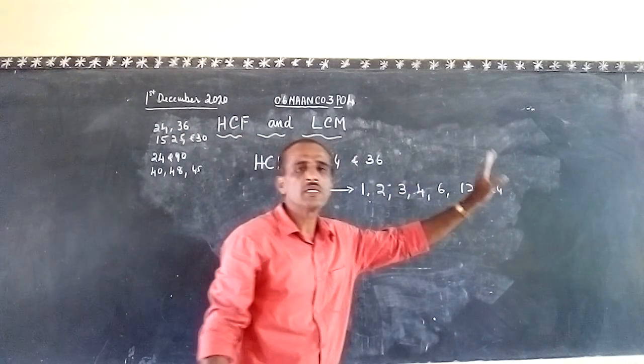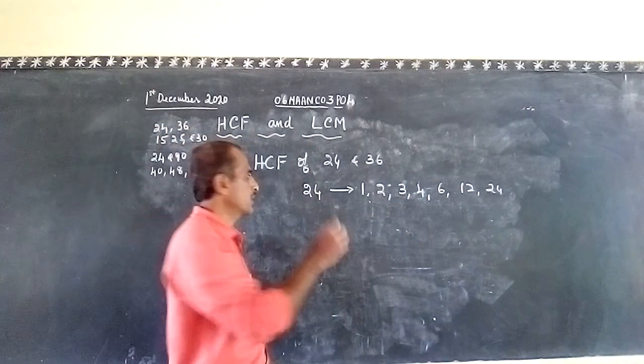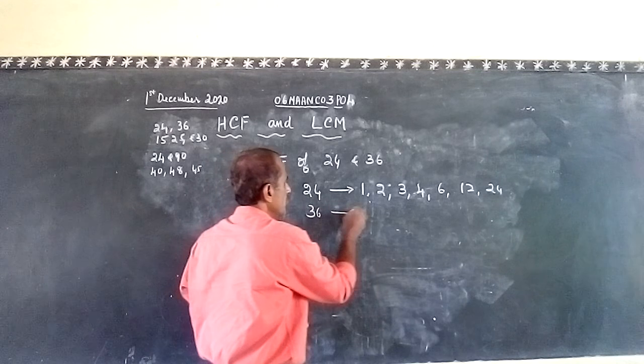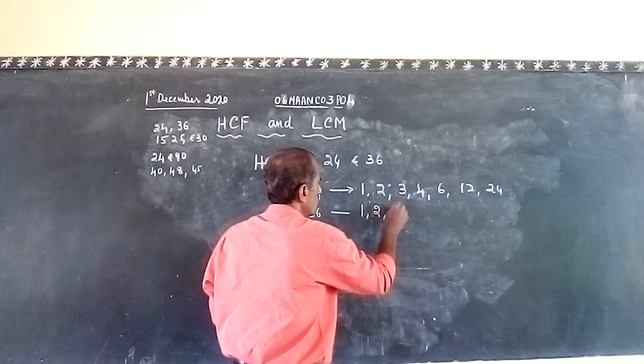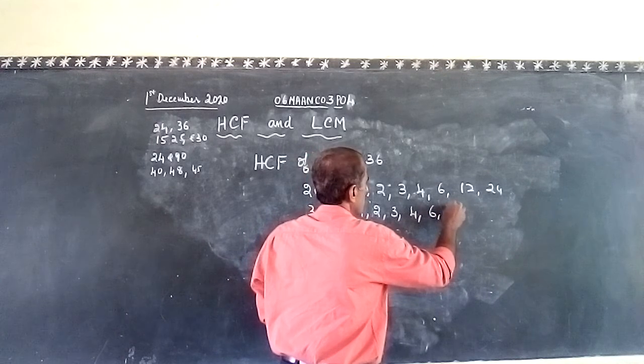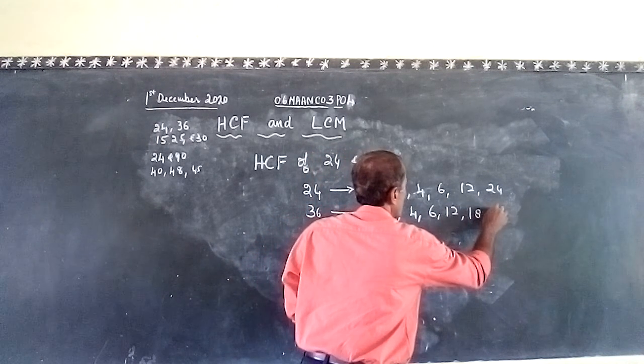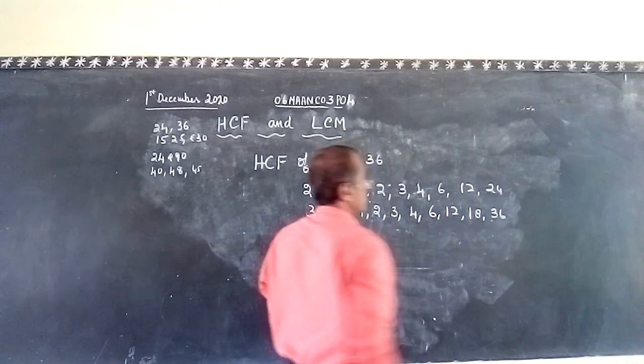By these numbers, you can divide 24 completely. Then the factors of 36 are 1, 2, 3, 4, 6, 12, 18, 36.